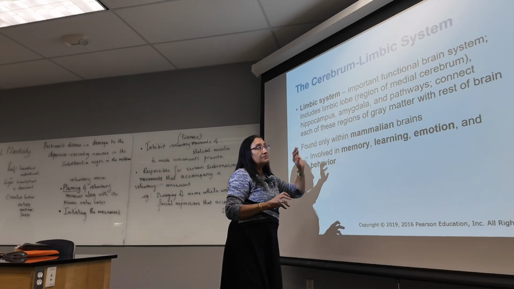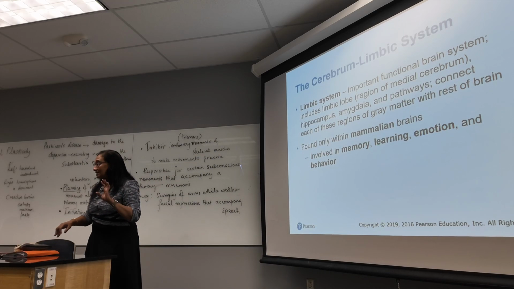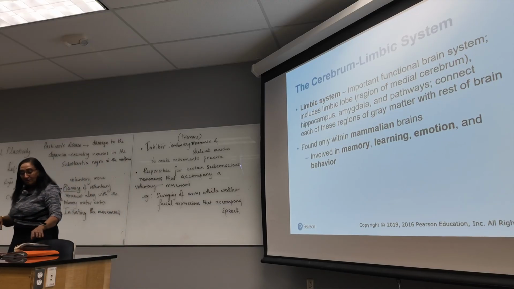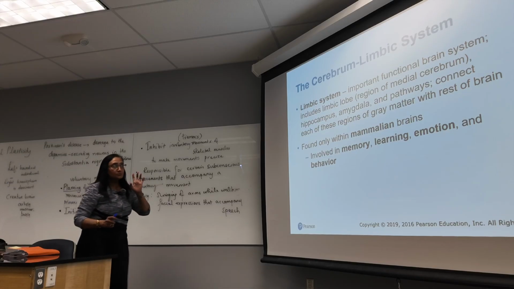The limbic system is basically, the hypothalamus is part of it, in the diencephalon, but there are two areas. And again here, I just want you to know the function of these parts.